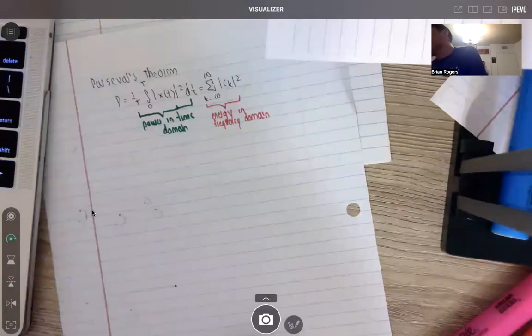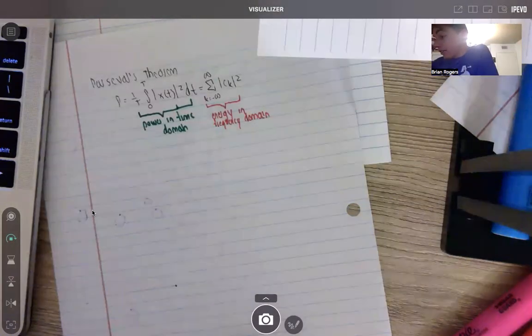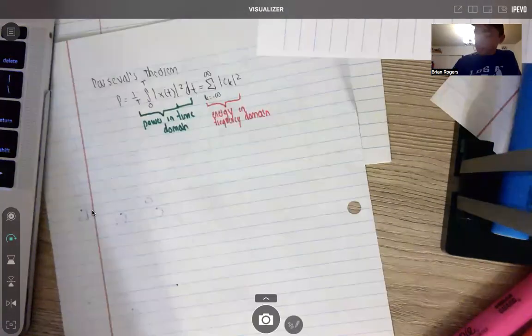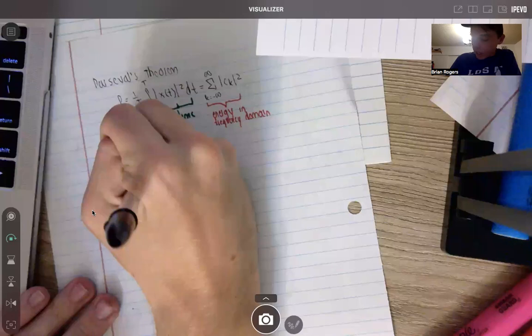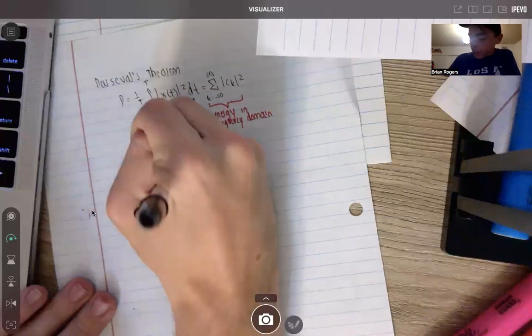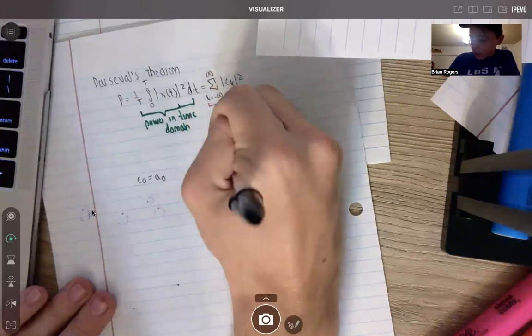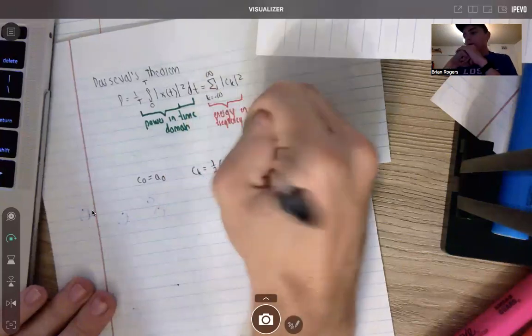So basically, now that we know that, the things we need to watch out for: remember our real valued signal, when I said c_0 is equal to a_0 and c_k is equal to 1/2 of (a_k minus j b_k).